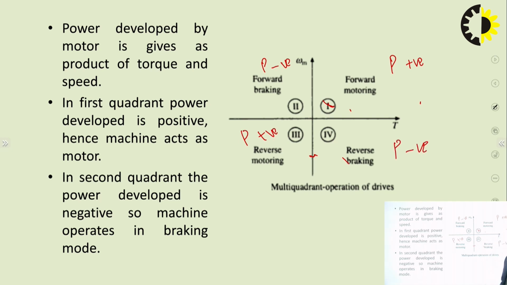So whenever power is positive, power flow takes place from source to the load, and whenever power is negative, it means that power is flowing from load to the source. But it is not possible every time to make this condition, and power can be absorbed by the source. So we have to think about that. We have to take extra care to make the power flow from load to the source.